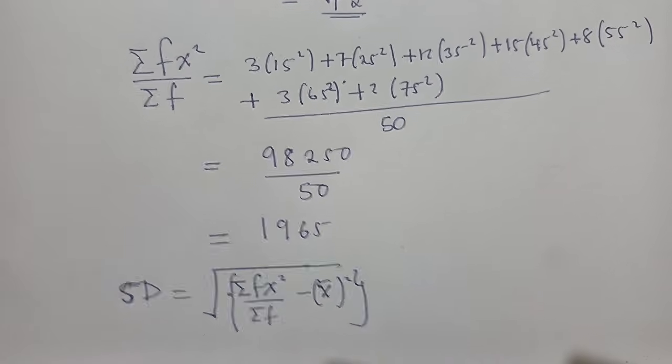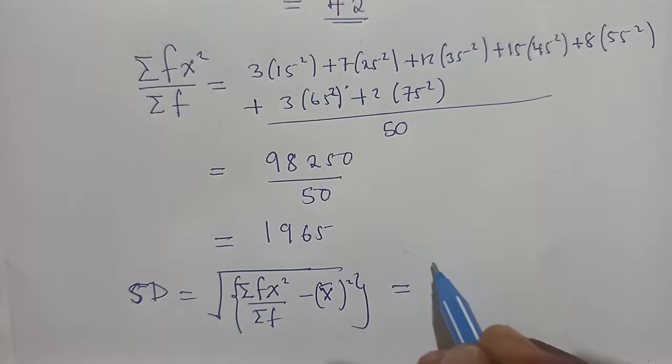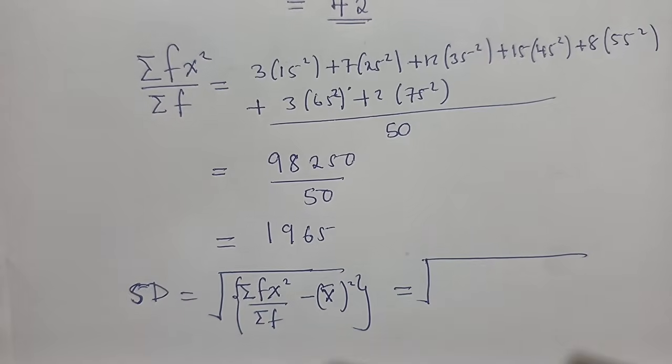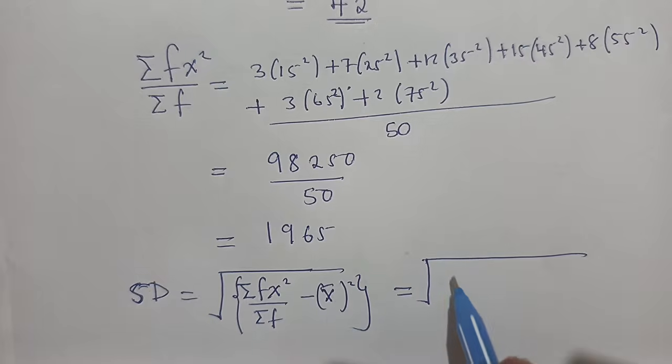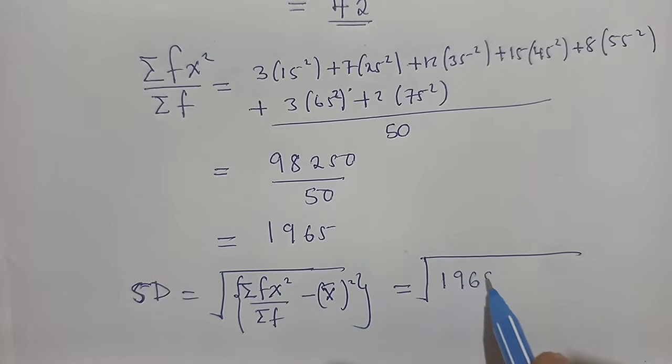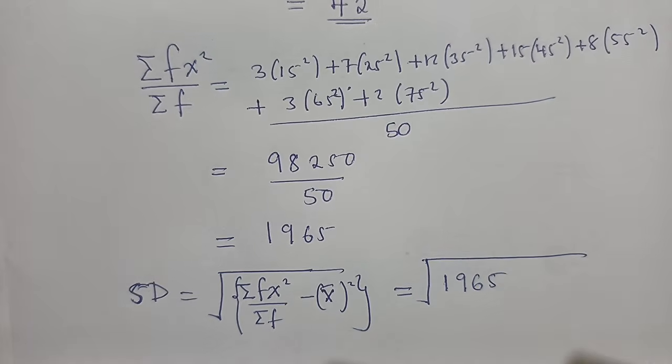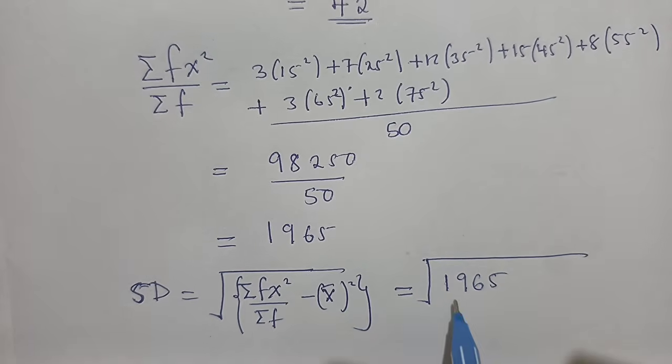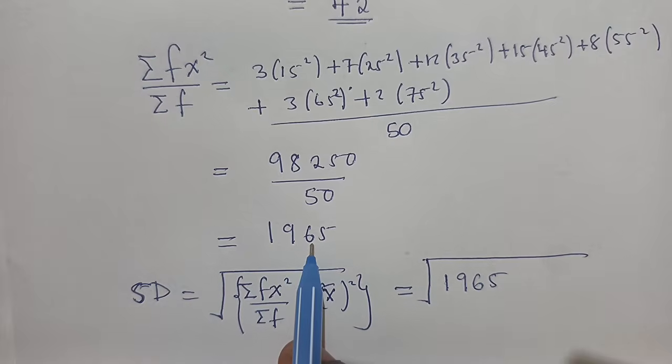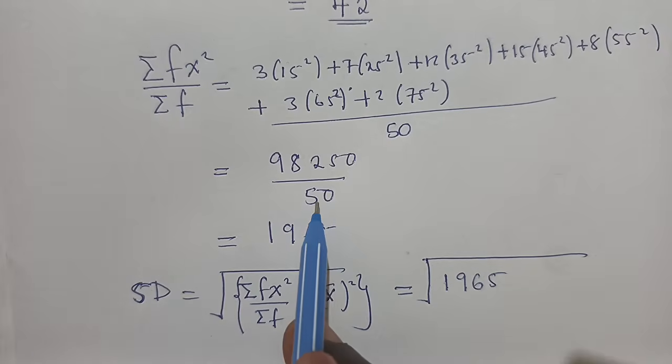So following the formula here, we're going to put a square root, and then we've found what to put here, which is 1965. I know most people have asked me questions, are you supposed to divide here by 50? No. They think of this summation and they want to divide by 50. No, just get what you've gotten here. Remember, we've already divided here, so there is no need of dividing.